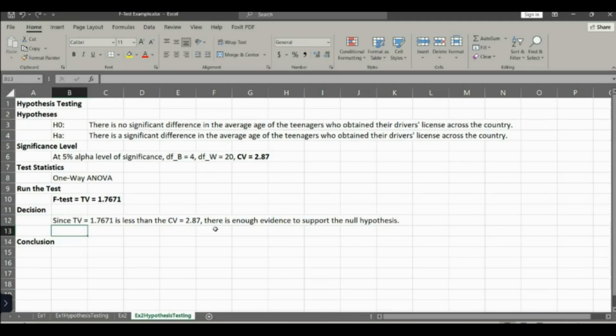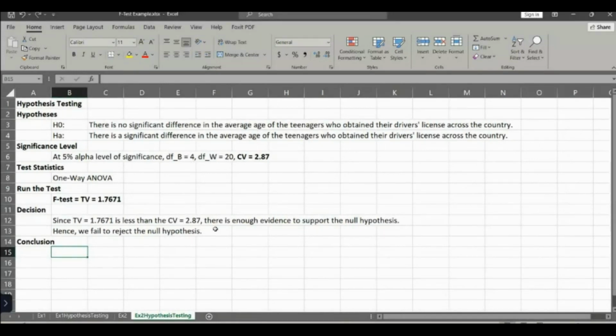Hence, accept or fail... reject or fail to reject. Fail to reject. Okay, we fail to reject the null hypothesis. With that, we can now write our conclusion.